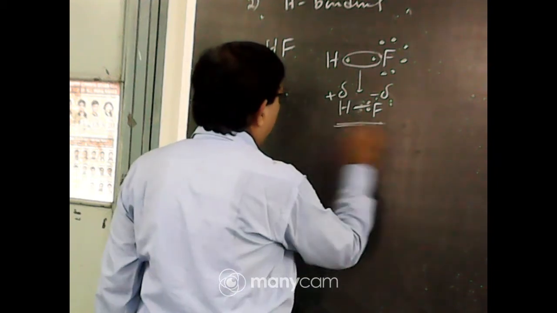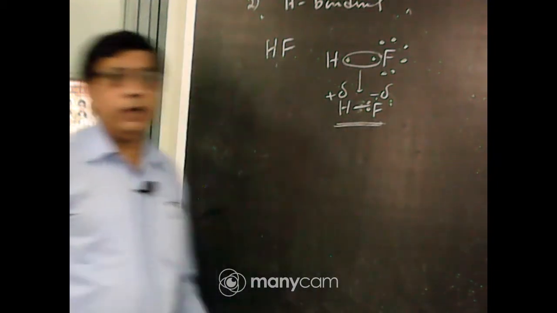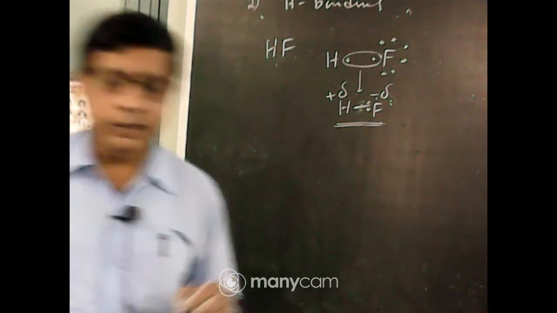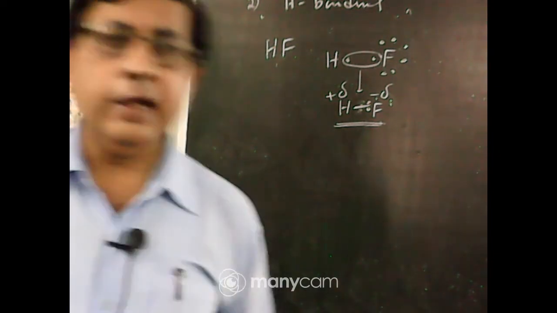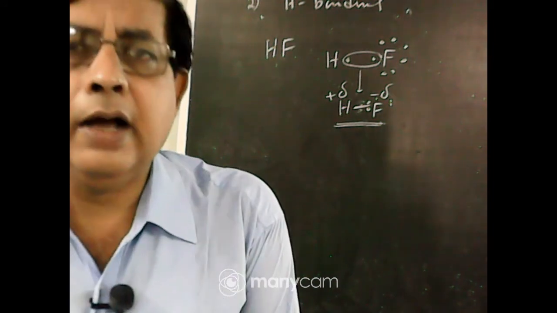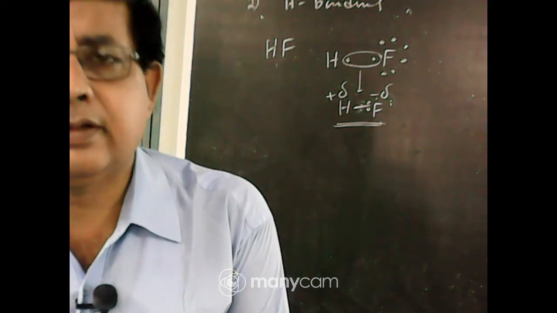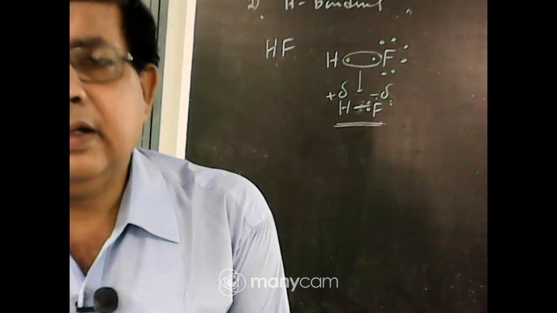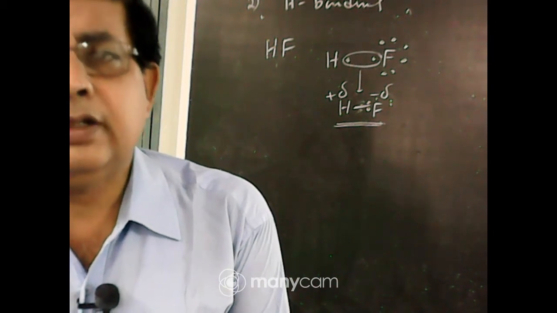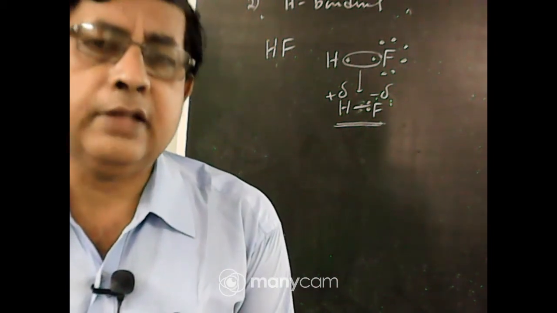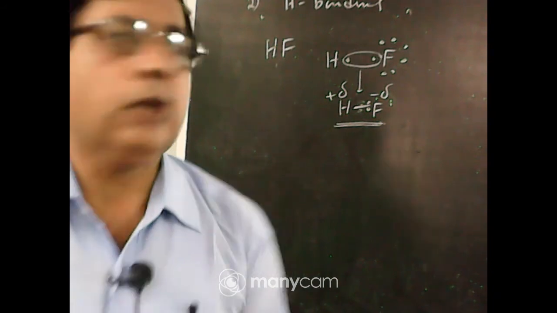This type of covalent bond is called a polar covalent bond that I have already discussed. If the covalent bond is formed between 2 elements having a very high electronegativity difference, then the shared electron pair is unequally distributed and partial charge separation takes place to form a polar covalent bond.